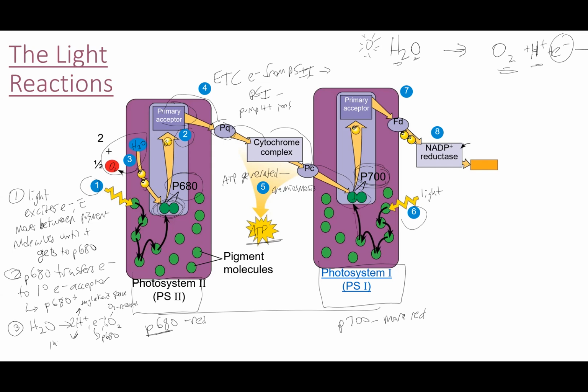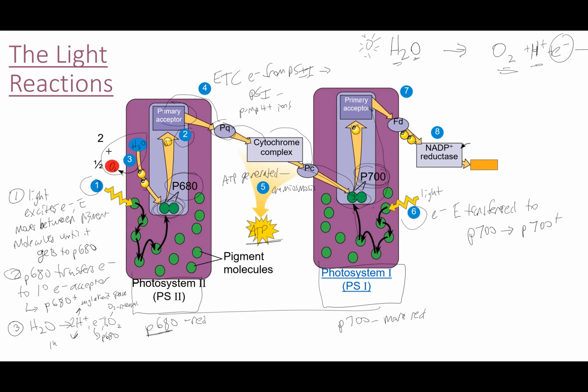The P700 then is going to give an electron to the primary electron acceptor. As it gives that electron away, is it reduced or oxidized? It's oxidized, and then it's going to be reduced by these electrons coming down the electron transport chain. Okay, so when P680 gets oxidized, it accepts electrons from water being split. When P700 becomes oxidized and becomes P700 plus, it can then accept the electrons from the electron transport chain.